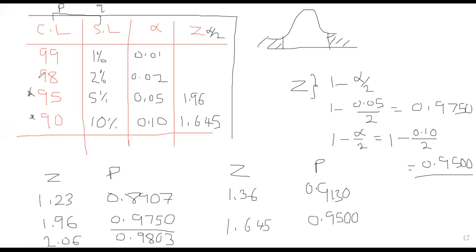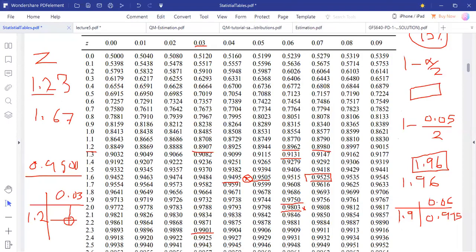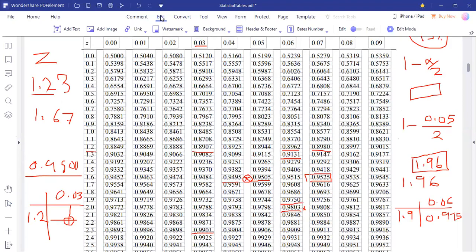So I want you to try to find the Z at 98% on your own quickly. Can somebody take us through the procedure?